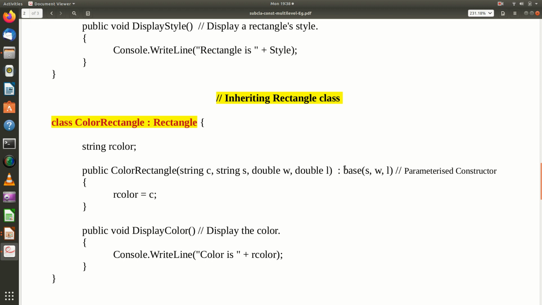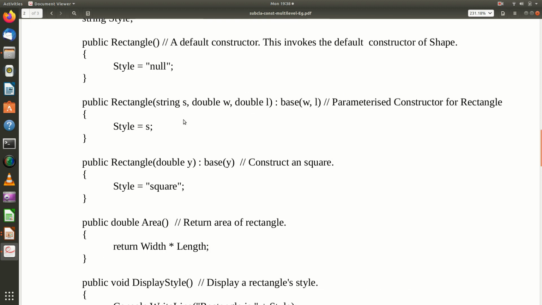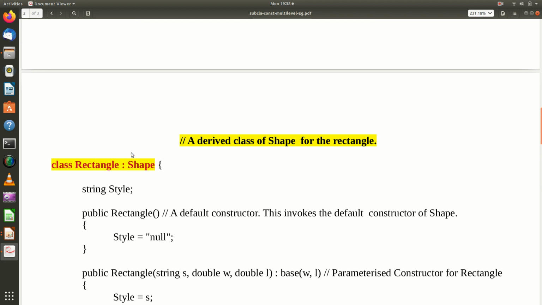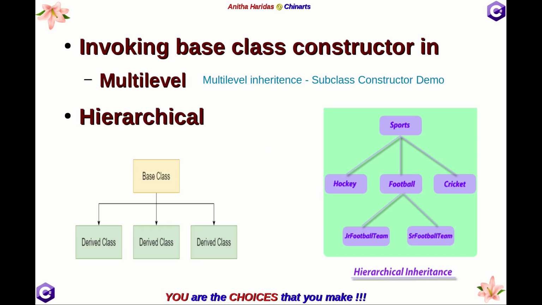So this base will be invoking the constructor of rectangle. And for rectangle, what is the immediate base class? Shape is the immediate base class. So this base keyword will be invoking the constructor of the base class called shape. This is how multi-level inheritance works on the constructors of the base class as well as the derived class.